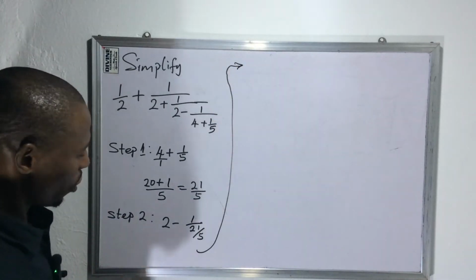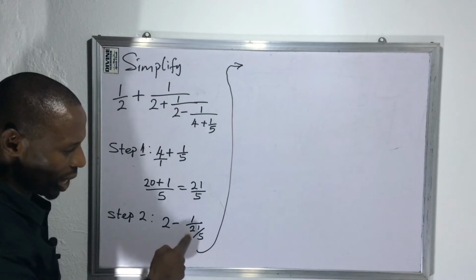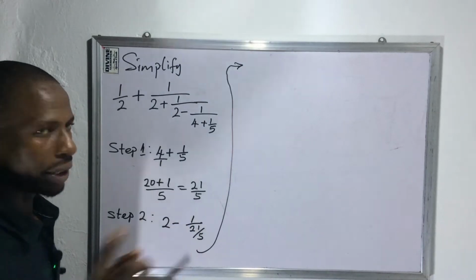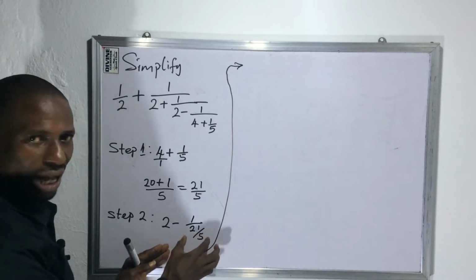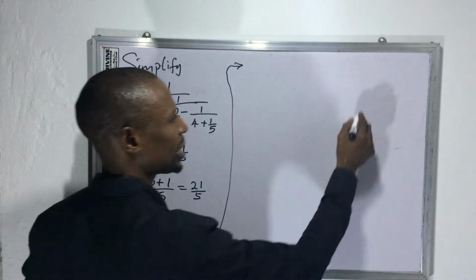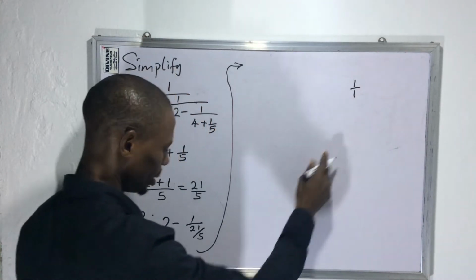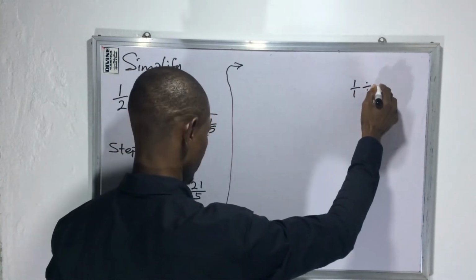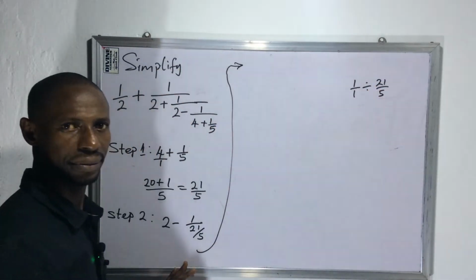We have the reciprocal of 21 all over 5. Take a look at this. Whenever you have an expression like this, how do you deal with it? Simply, it's the same as 1 divided by 21 all over 5.